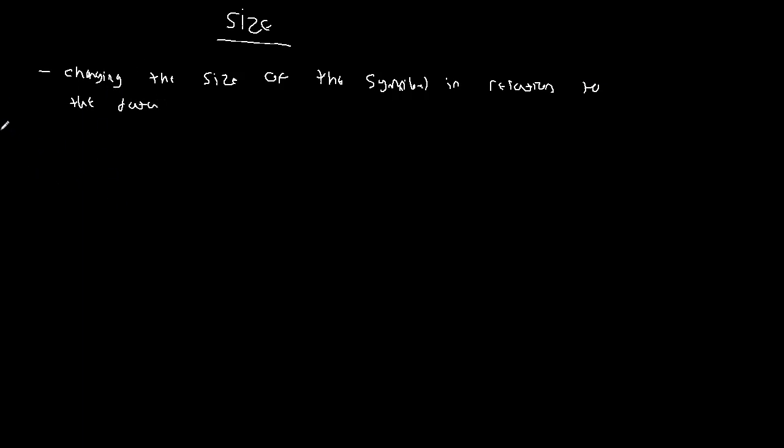So for points, right, we might have a symbol be this size, we might have a symbol be this size, and we might have a symbol be this size, right? The difference in size between these, right, that's the visual variable size.